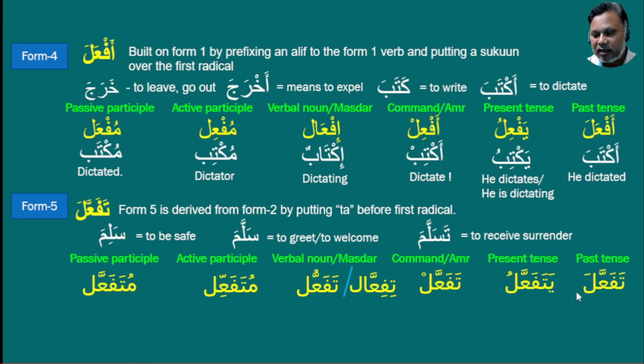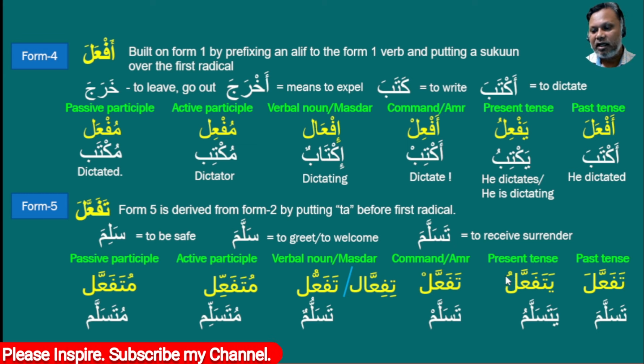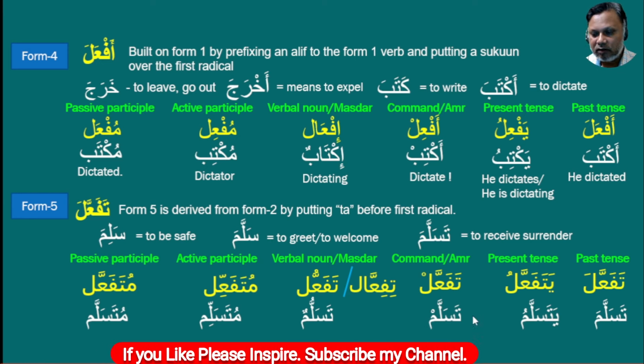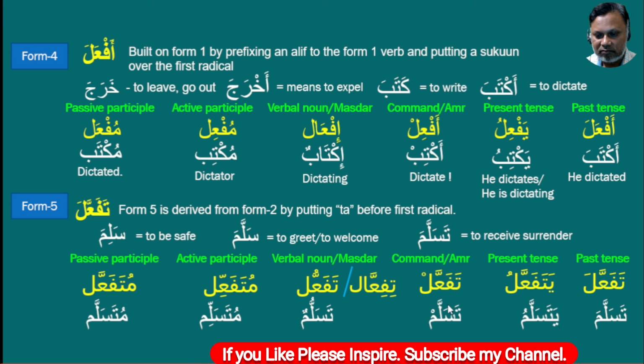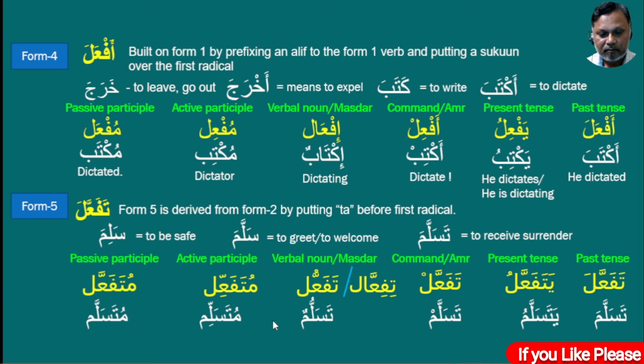Now if we put in the real root letters, for salima we get tasallama, the past tense, and the present tense will be yatasallamu. The present tense always has a single dhamma at the end of the last letter, because you know yaf'alu, we know the basic conjugation table of fa'ala. The command of this verb will be tasallam. The verbal noun will be tasallum, or tasallumun, you can say. And the active participle is mutasallim, and the passive.